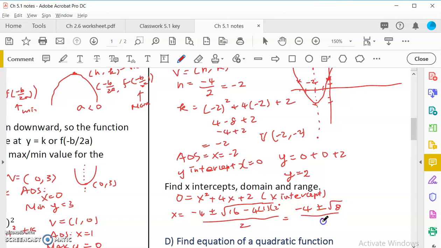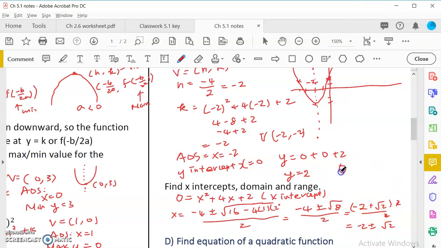This is simplifiable: the square root of 8 is 2 root 2, so you factor the 2 out and it cancels. So it is -2 plus or minus square root 2. You can use a calculator to find the approximate value.